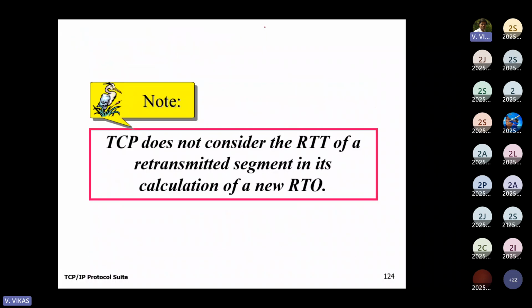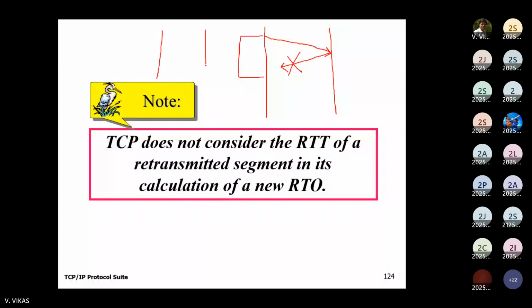What we are trying to say here is, let us say I have it like this. There are two cases. I transmitted something and set the retransmission timeout value. The receiver also sent an acknowledgement, but that is lost in the middle. The second case is, retransmission timeout is there.